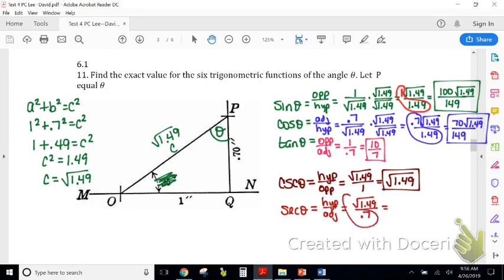So let's put this in my calculator. So I get 10 over 7, and don't forget you have that square root on top. And then the reciprocal of tangent is cotangent. And so we know that's adjacent over opposite. So it's 0.7 over 1, which is 0.7.